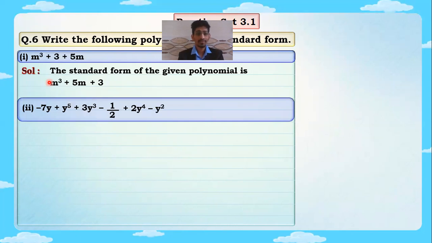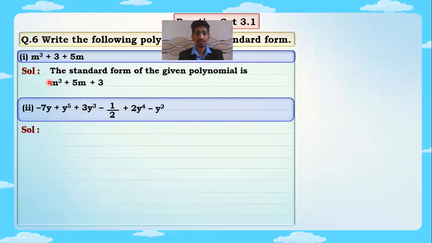Now this time, students, we have so many terms, so be careful. What is standard form? Standard form means we need to arrange each and every term starting from highest power to lowest power. So if you observe this polynomial, students, which term has the highest power? Yes, the second term.